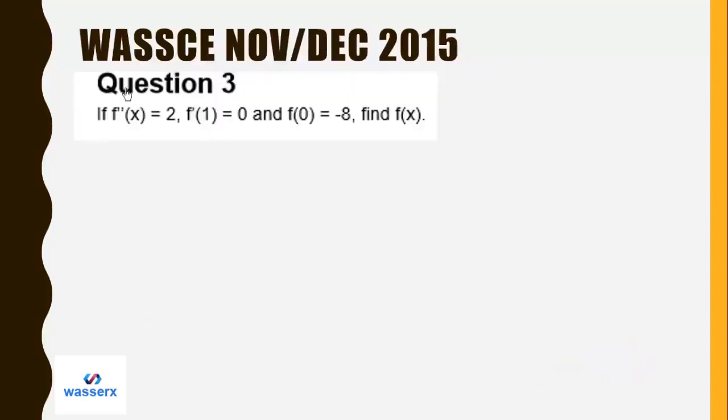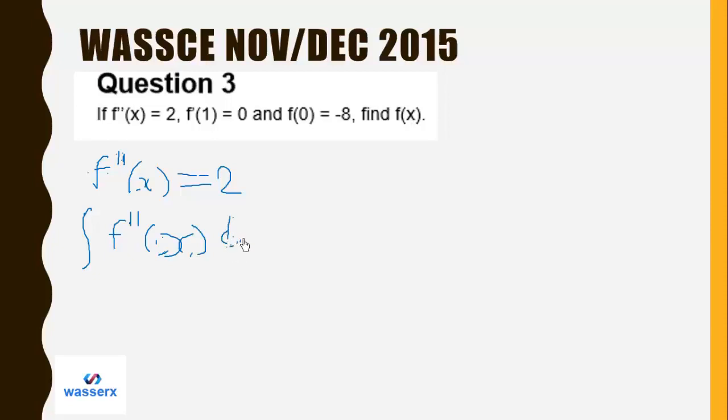Option D. So we have this one: if f double prime of x equals 2, f prime of 1 equals 0, and f of 0 equals negative 8, find f of x. So f double prime of x equals 2. We integrate both sides with respect to x.